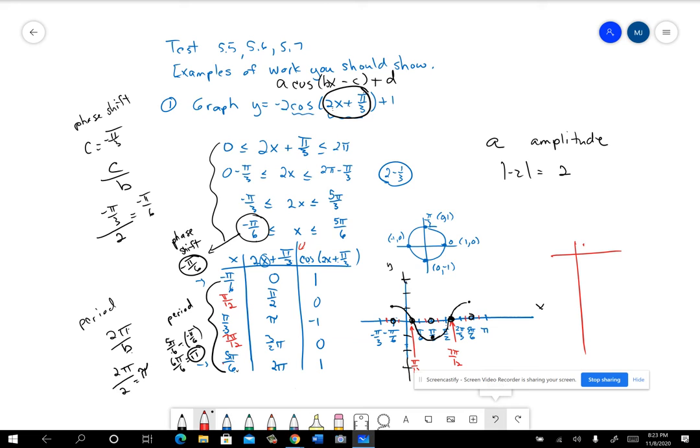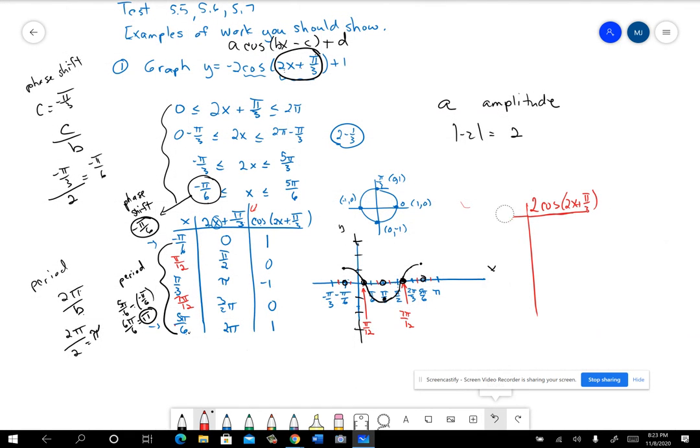So now we're at this, and I'm going to throw a 2 in front of that cosine. 2x plus pi over 3, okay? So just adding another column in there, continuing where we were. And if I did that, see how that would just be 2 times everything?